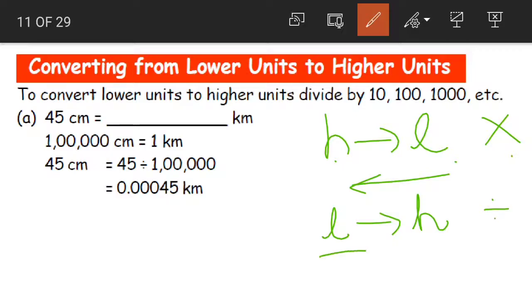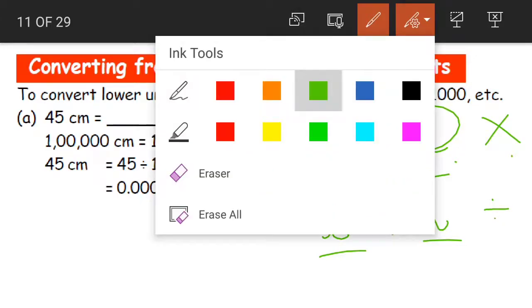When we are converting lower units into higher units, we'll divide them by 10, 100, 1000 etc. Just as while converting higher into lower we counted the number of jumps and identified by which number we should multiply, in the same way we'll count the number of jumps and identify by which number we should divide.